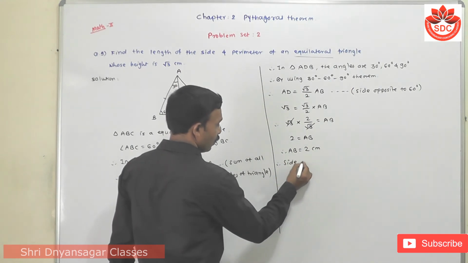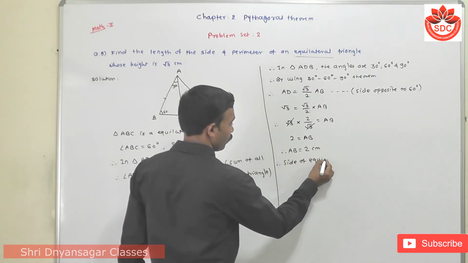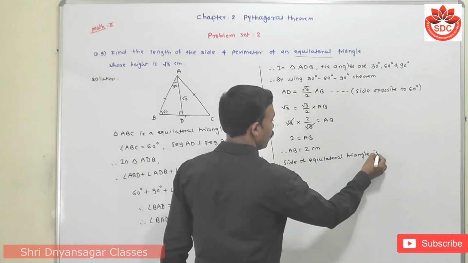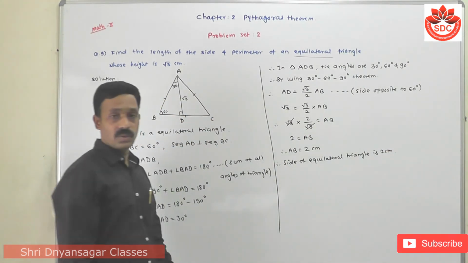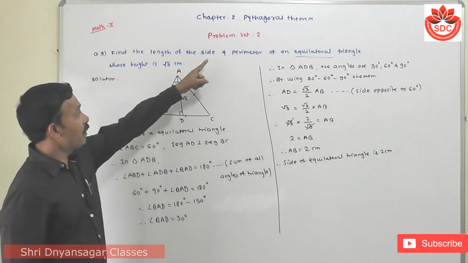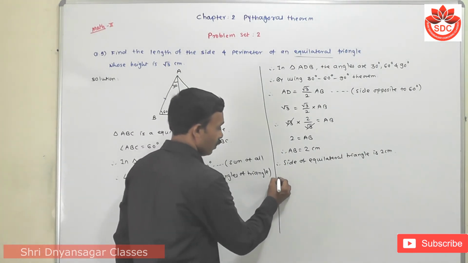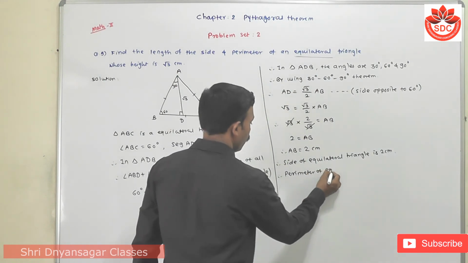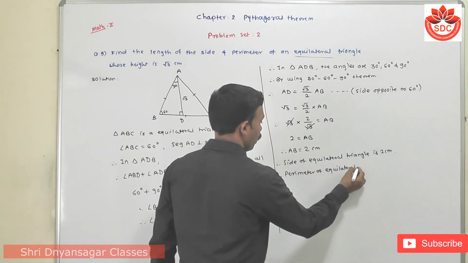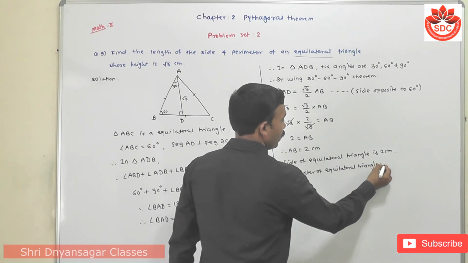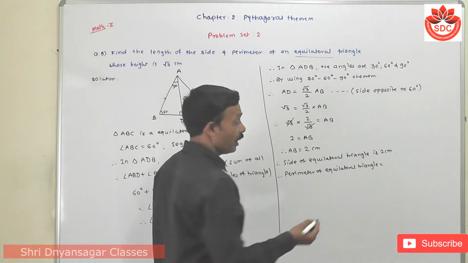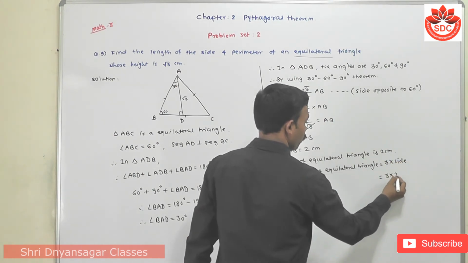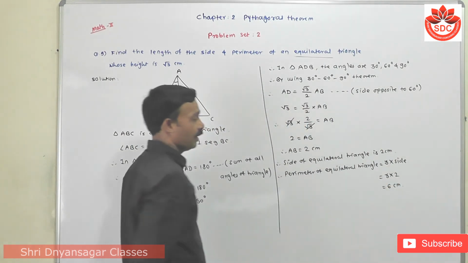Therefore the side of the equilateral triangle is 2 centimeter. It means each side is 2 centimeter. Then we have to find the perimeter. Therefore the perimeter of an equilateral triangle is, by the formula, 3 into side, since there are 3 sides. 3 into 2 means 6, unit is centimeter.